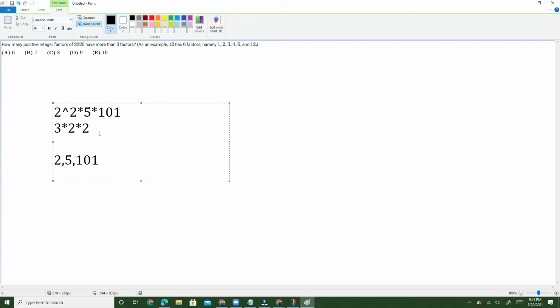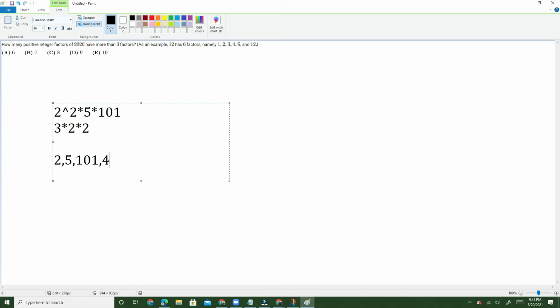Now, the next step we are going to do is find the only square number that is a factor of 2020, and that number is only 4. So we would have 4 also included in this list.